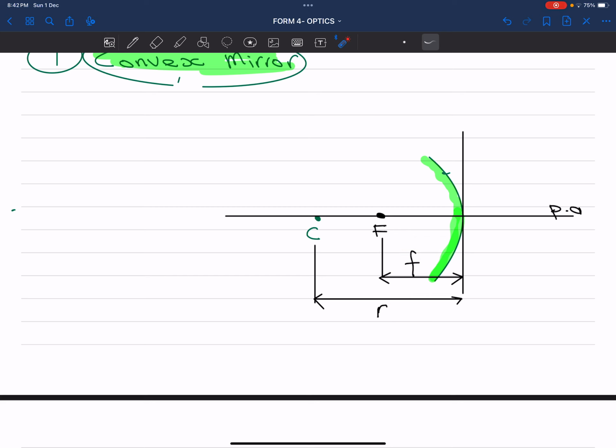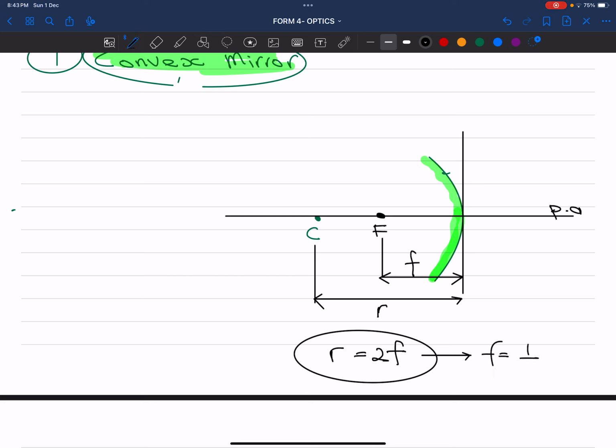Okay, now there is a relation between the focal length and the radius, and that relation is that the R is 2 times the focal length. Of course, we can say that F is the same as half of R. Okay, which means if this F is half of R, that means this distance and this distance must be the same.